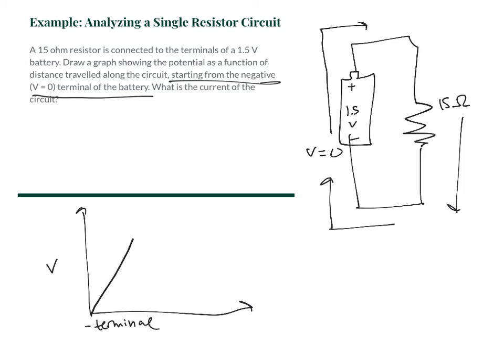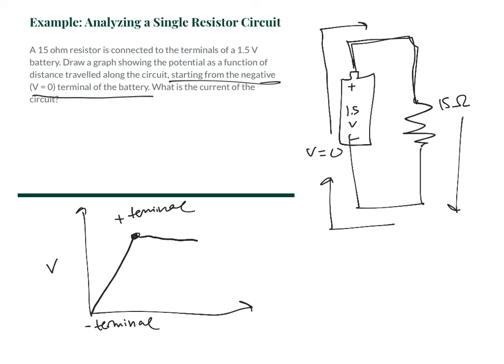After it gets to the positive terminal, which is going to be right here, it's going out on the wire. And along the wire, we're saying there is no potential difference. There is no change in potential, so we're not losing any energy. It's just flatlining. Sorry, that's not a very flat looking line.